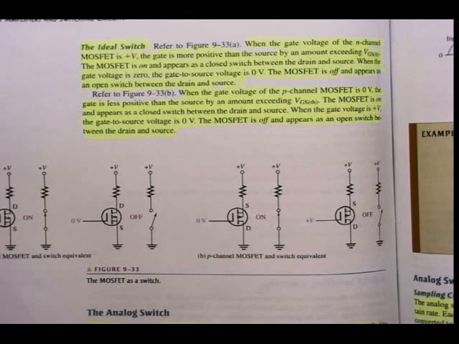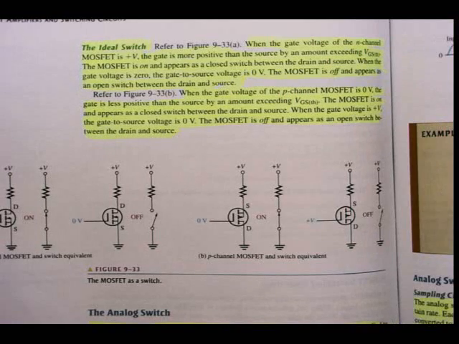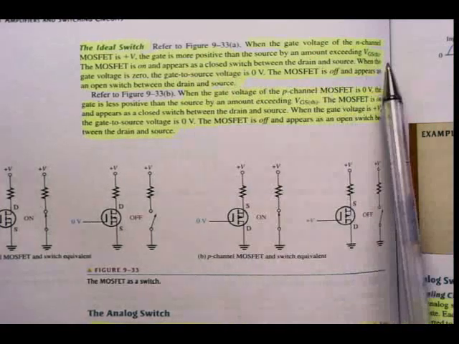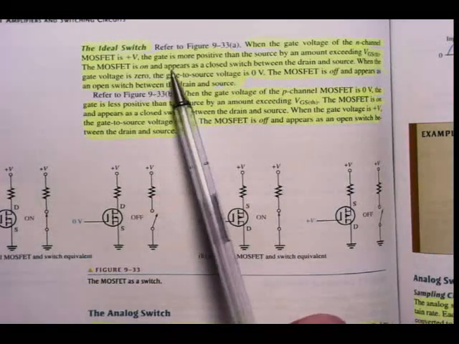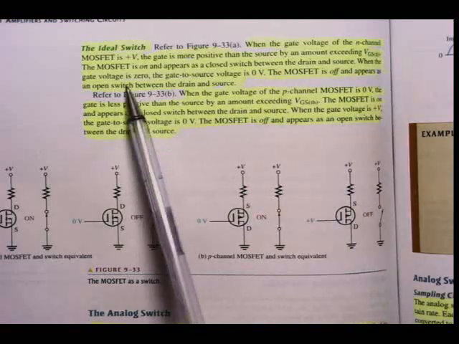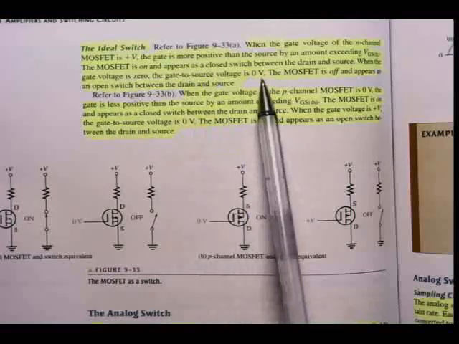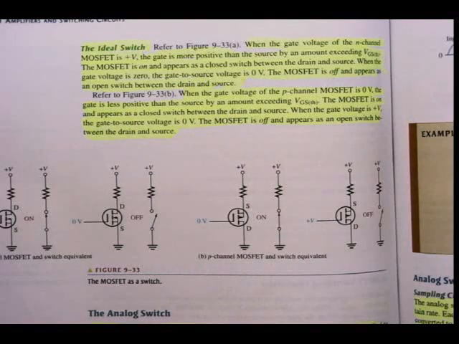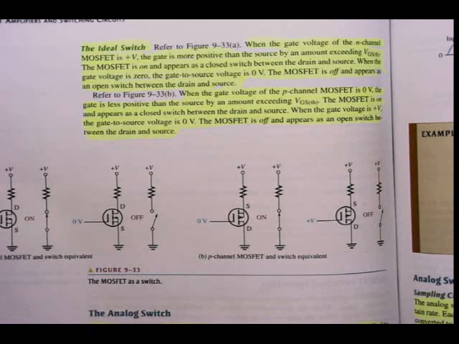That is important, no? Exceeding VGS threshold. If you remember the characteristic curve in the previous chapter. All right, there the MOSFET is on and appears as a closed switch between the drain and the source. When the gate voltage is 0, the gate to source voltage is 0 volts, the MOSFET is off and appears as an open switch between the drain and source. All right, that is for an N-channel, of course.